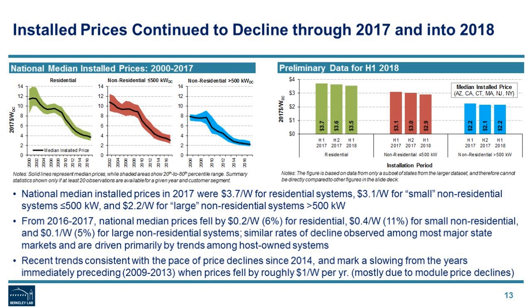And then preliminary data for the first half of this year, shown on the right, basically show the continuation of those trends, with about a 10-cent per watt drop for both residential and smaller non-residential systems. So there are a few reasons why the price declines have slowed since that period from 2009 to 2013 when they were falling by basically $1 per watt each year.